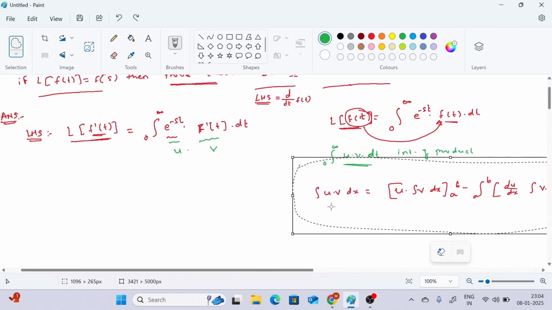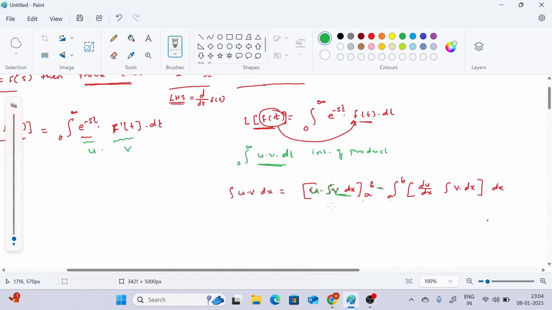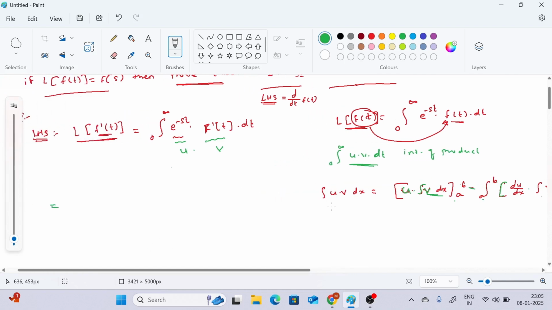Now we'll go ahead. क्या इंटीग्रेशन का रूल है? Integration of u into v dx is equal to u into integration of v dx, limit a to b, minus integration from a to b of du by dx into integration of v dx into dx. So ये रूल हमें अप्लाई करना है यहाँ पे.